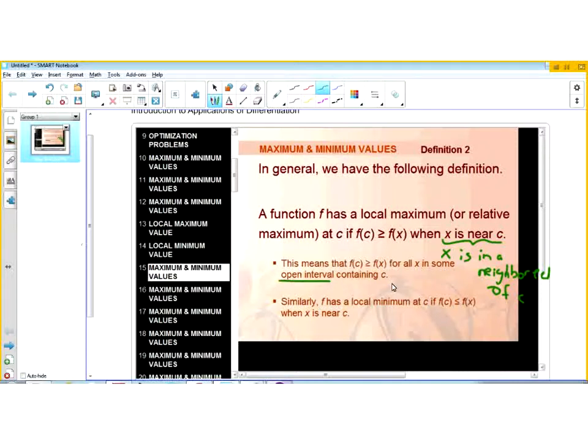The neighborhood is an open interval. So that means, if you recall, on the x-axis you use parentheses as opposed to brackets. That's what we mean by neighborhood. And then for a minimum, the output f of c is less than f of x when x is in the neighborhood of c, right? So we'll use that terminology as well.